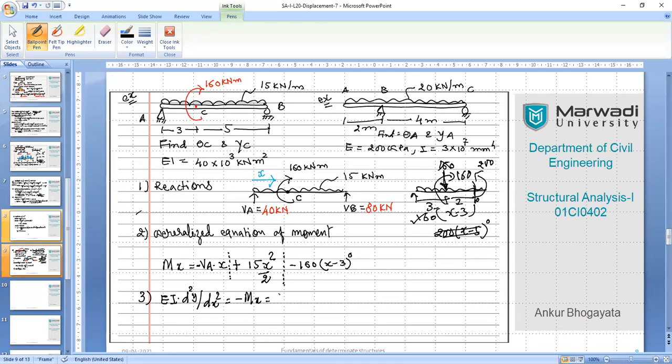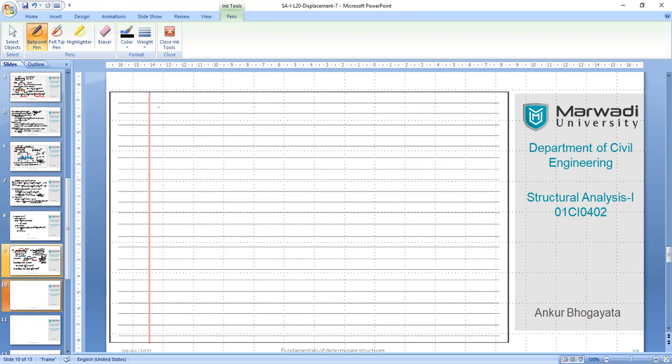That means VA into x, then minus 15 x square by 2, then plus 160 x minus 3 raised to 0. This procedure you should do in the very beginning itself, so that later on you don't repent on the incorrect sign conventions in the calculations. Right. So now from this we'll go ahead and obtain our basic equations.